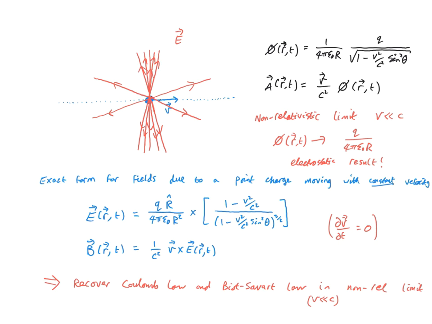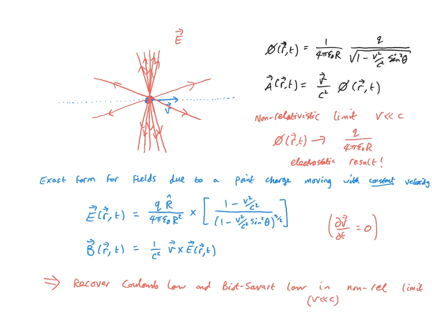There are fewer of these field lines in the direction of travel. And notice that this anisotropy of the field strength is controlled by v squared over c squared, so it only becomes very noticeable when the particle is moving very quickly. In the non-relativistic limit, we don't notice this effect, and everything looks isotropic.